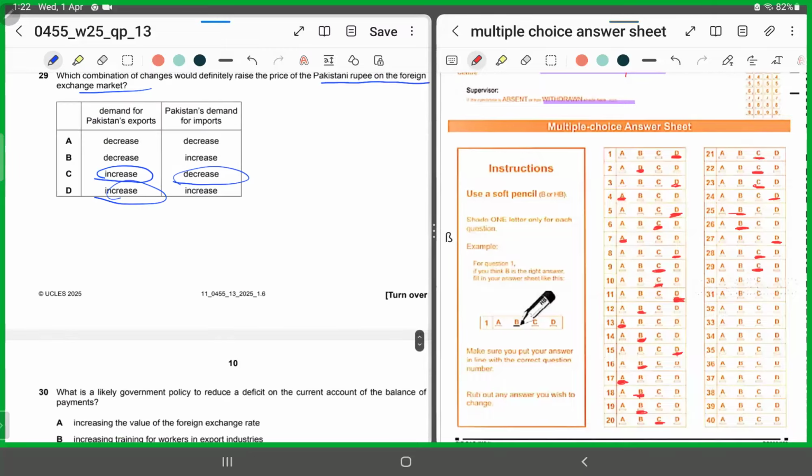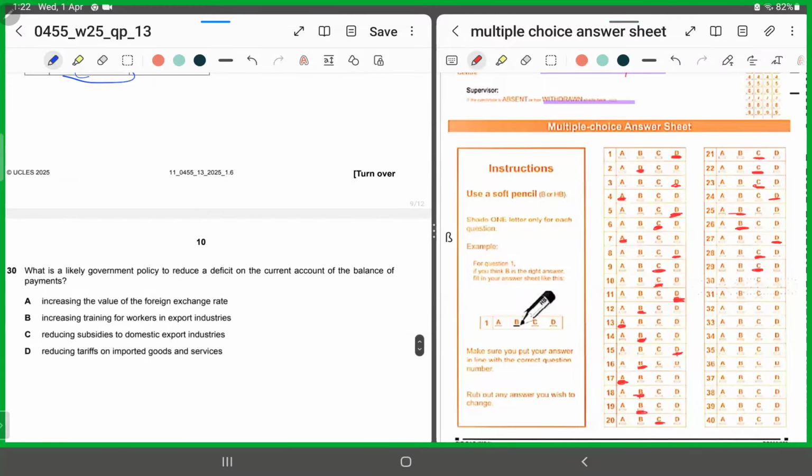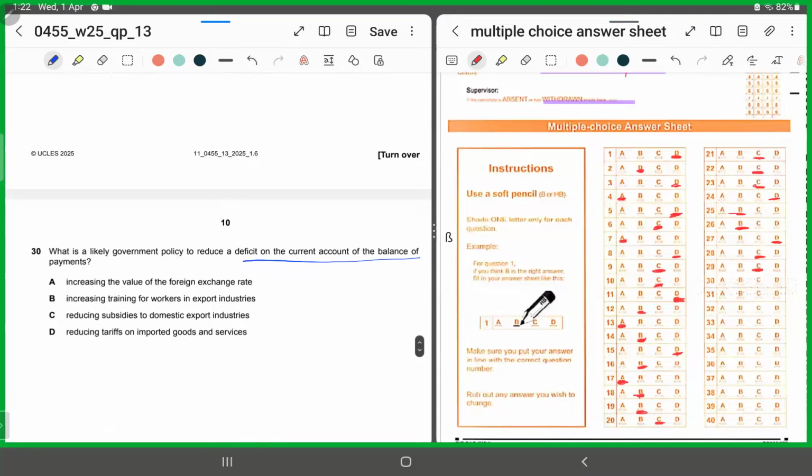Last MCQ, 30. What is a likely government policy to reduce a deficit on its BOP? The options are: increasing the value of the foreign exchange, increasing training for workers, reducing subsidies, reducing tariffs. If it reduces tariffs or reduces subsidies, it's going to worsen the situation, right?